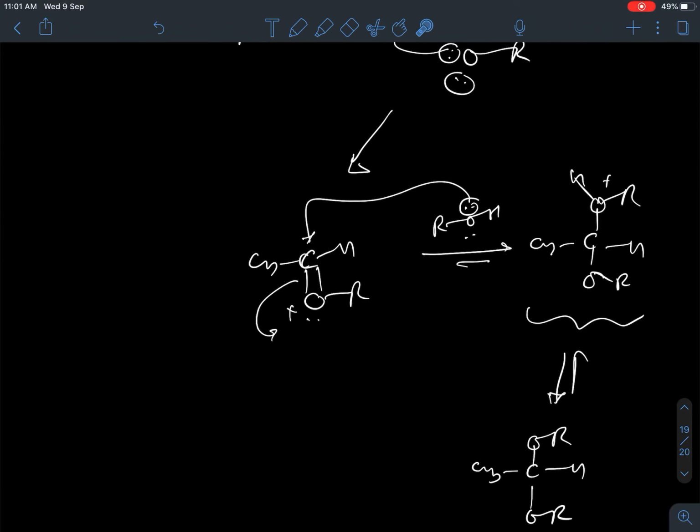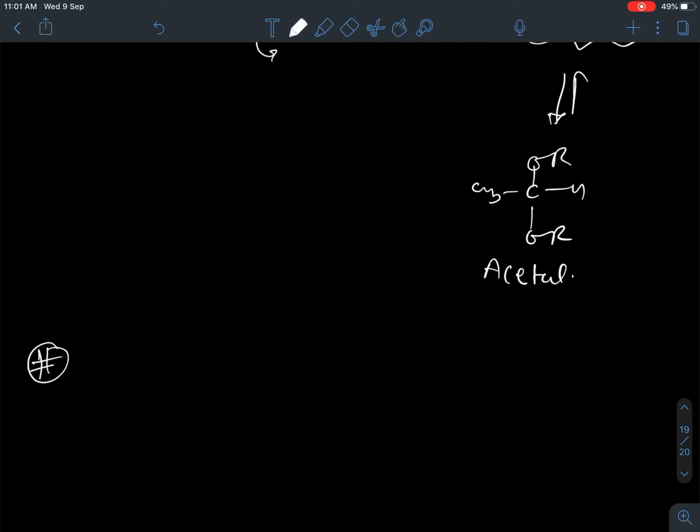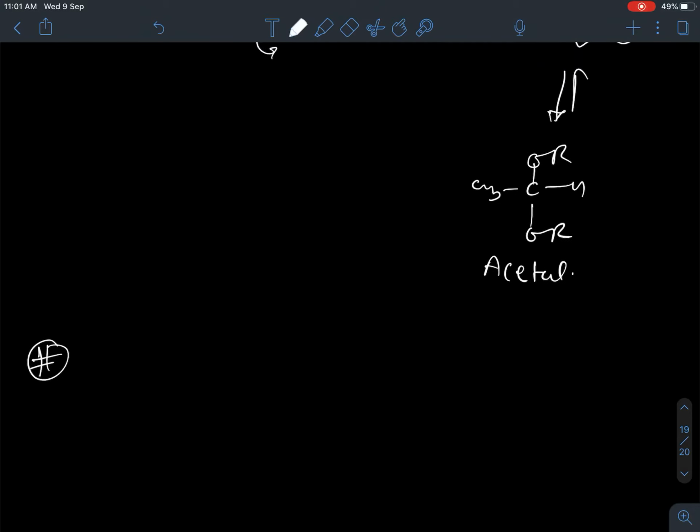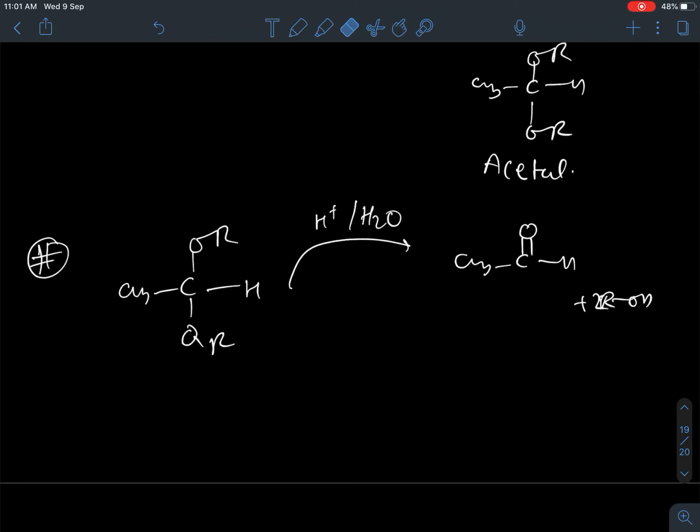But if you decrease H plus ion by the presence of OH minus, then the reverse reaction will not be possible. So once it is formed, in acidic medium it will turn back. With a slight amount of H plus and water, it will give you back the carbonyl, because this is reversible. But in basic medium nothing will happen.